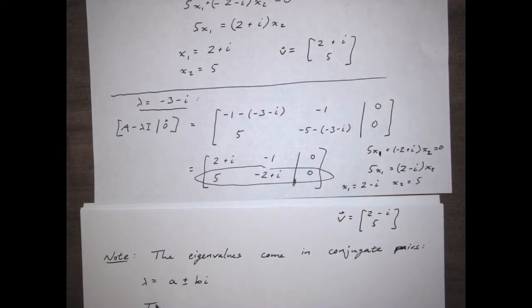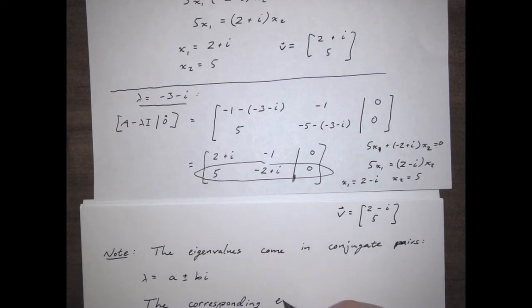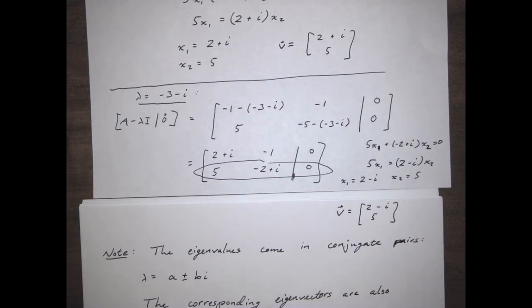The corresponding eigenvectors are also conjugate. And actually, you should say complex conjugates.